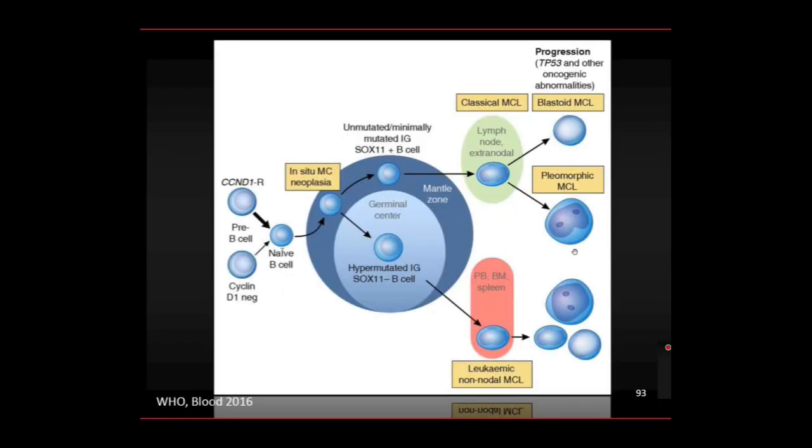So overall, cyclin D1 positive cells, in situ mantle cell lymphoma, going through indolent or conventional mantle cell lymphoma with more complex karyotype and more aggressive behavior.